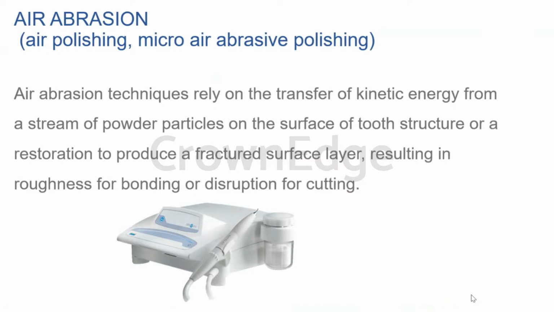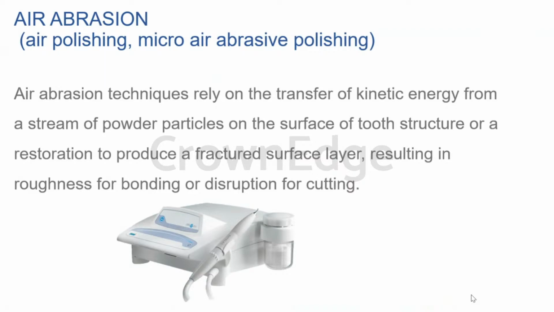These are powder particles which are basically focused on one part of the cavity or on the tooth, and that will selectively remove whatever tissue is required to be removed. It relies on the transfer of kinetic energy from a stream of powder particles on the surface of the tooth structure, or a restoration, to produce a fractured, disrupted surface layer, and this results in enough roughness for our bonding procedures.